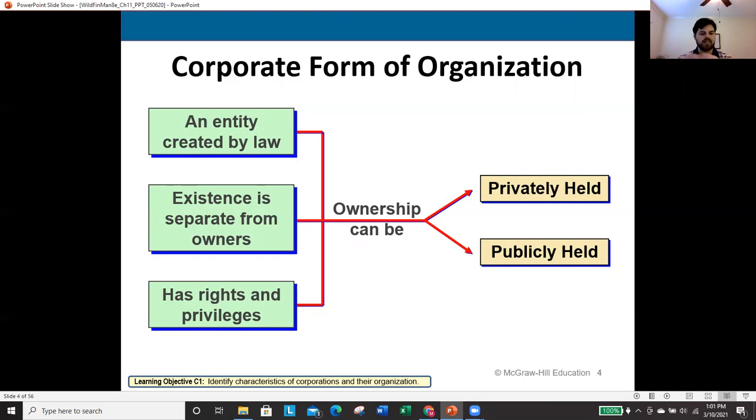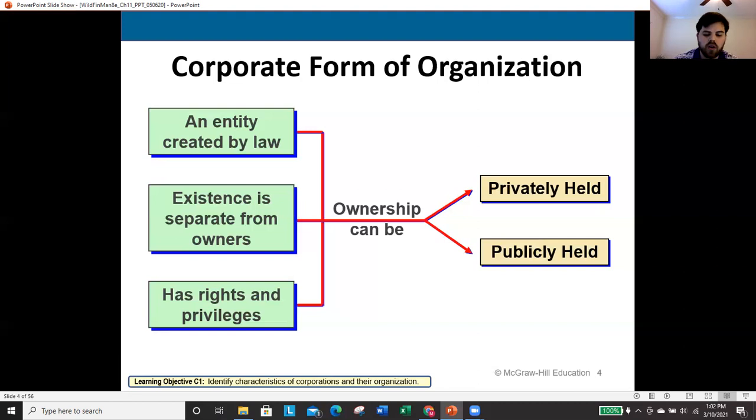The company exists as a separate legal entity, which leads into our second point, that the existence is separate from the individual owners. And of course, there are certain rights and privileges that come with this form of organization, such as the ability to sell stock, to have voting boards, all these different types of things that we see commonly with our C corporations.